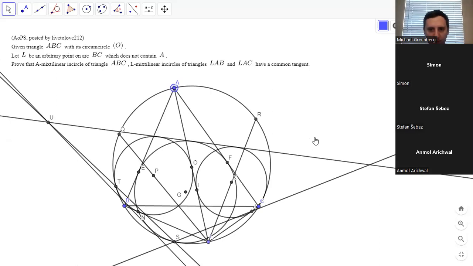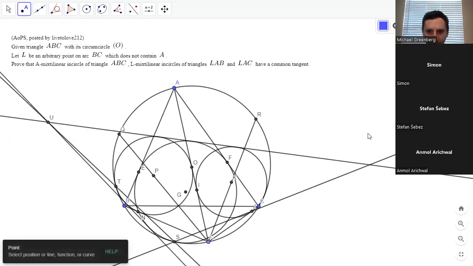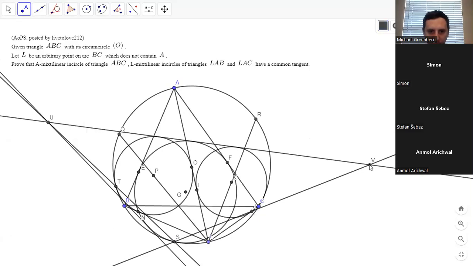So maybe there's something special about this triangle right here. Maybe SUV is a special triangle. So SU passes through T and SJ passes through V.